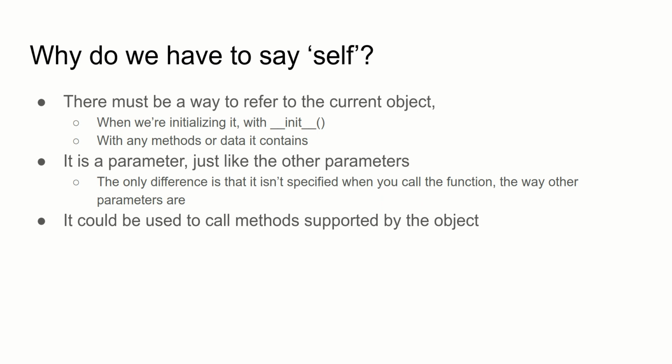The difference is that you don't put it inside the parentheses, you put it before the dot to show I am using this object to call this method, and then the method knows that is the self parameter and is able to do things specific to that student or specific to that object.